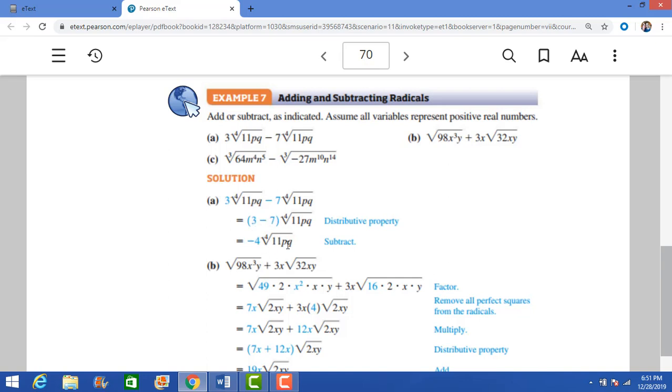Similarly, if we look at this, we have 98x cubed y plus 3x times the square root of 32xy. Now, the thing is, what can we do with this?